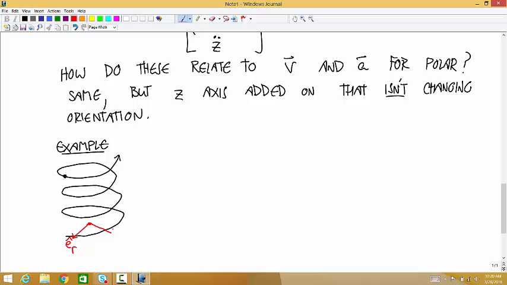The e theta direction is perpendicular to that. And the e_z direction is up. So let's say that this particle travels in a helical path.